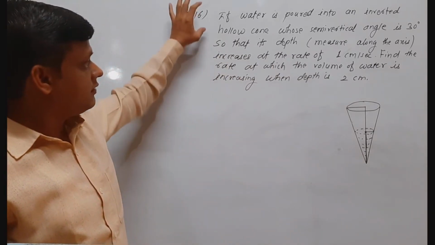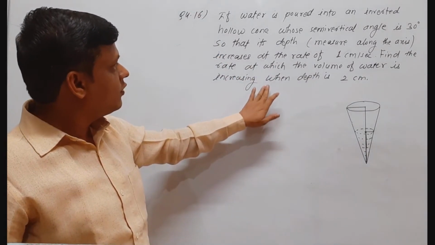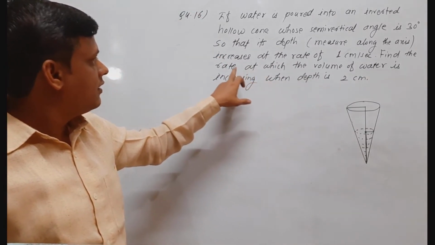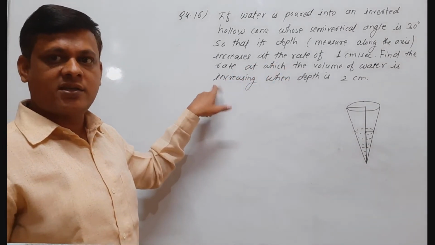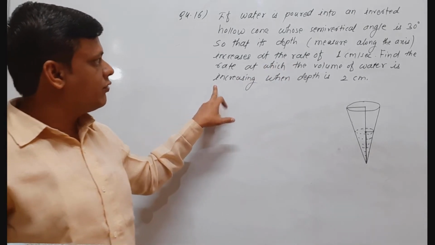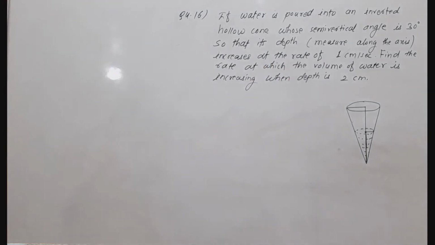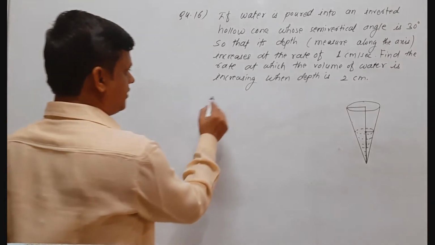Then we have to find the rate at which the volume of water is increasing, that is dV by dt. So we write in solution first.